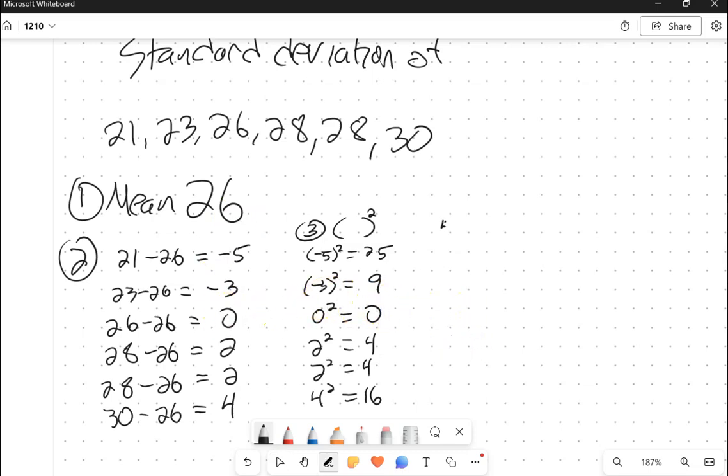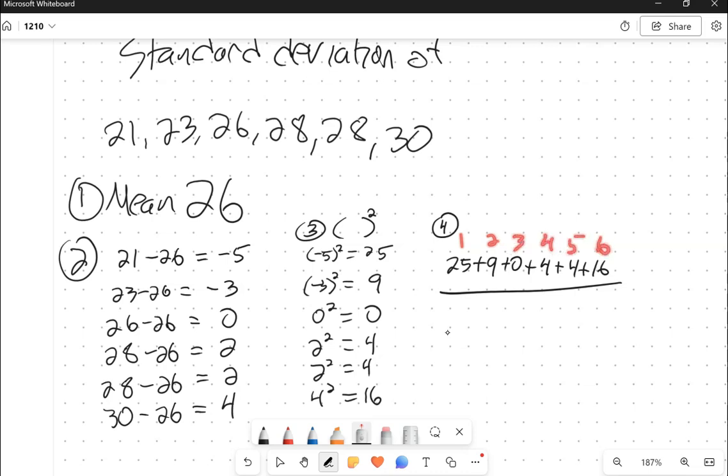The fourth step, you add them up. All of these numbers are now going to be combined. Now this is like a mean, but it's not a mean, because although there are 1, 2, 3, 4, 5, 6 numbers, we always divide by 1 less than how many you have.